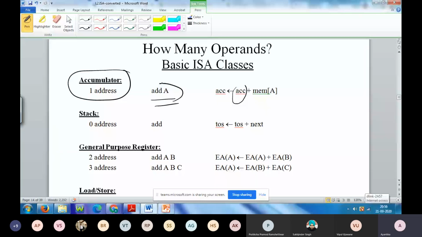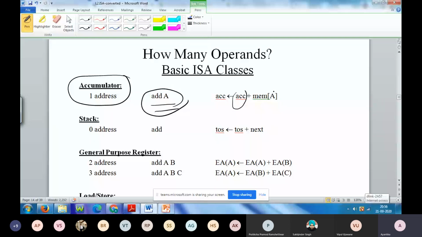Like here in case of MIPS, you can see instructions like Add A. A may be some memory address, so from this memory address A we are fetching some value. This is one operand, but addition requires two inputs, right? So the accumulator will give you the other operand on which you can apply this addition.